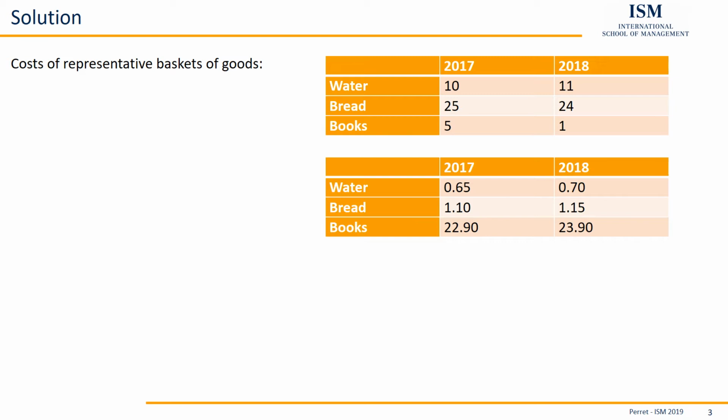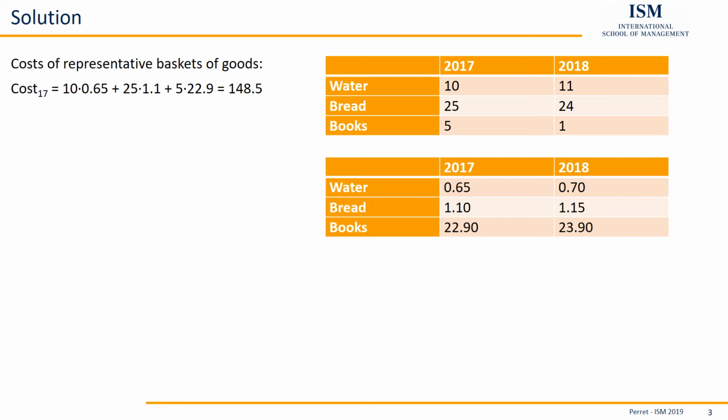What we're doing here is, for 2017, multiplying the amount of water consumed with the price of water, multiplying the price of bread with the quantity of bread and the quantity of books with the price of books, and summing all of this up. So we get total costs for the representative basket of goods for 2017 of 148.5.